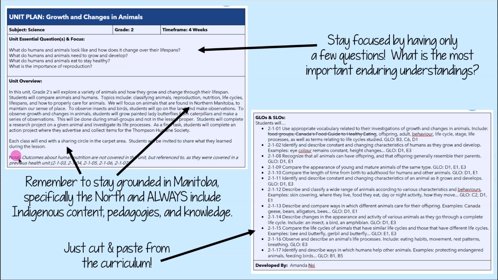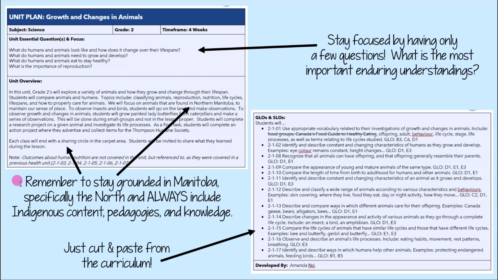The unit overview is again in paragraph form. When you're writing this, please remember to stay grounded in Manitoba, specifically the North, and always include Indigenous content, pedagogies, and knowledge. This is what takes a little bit of extra time.